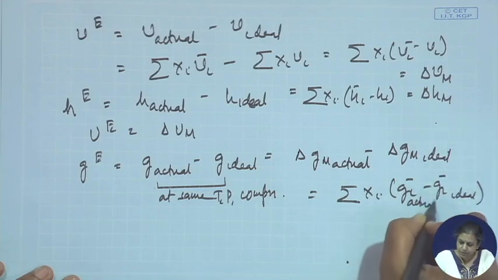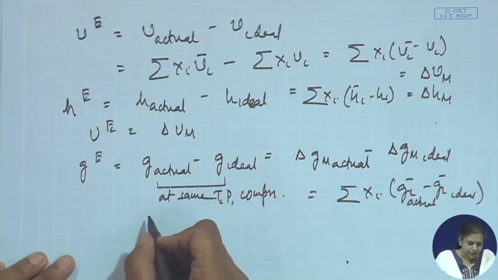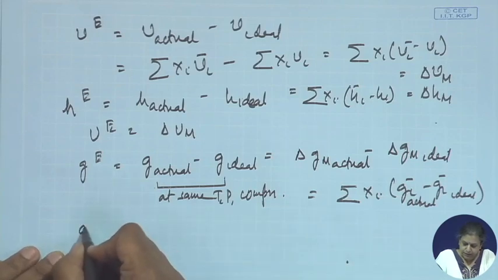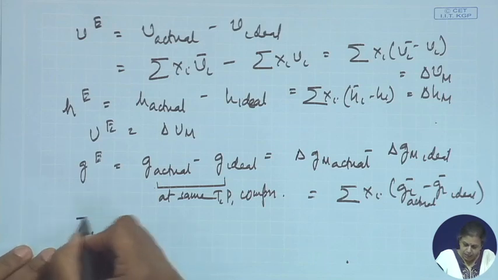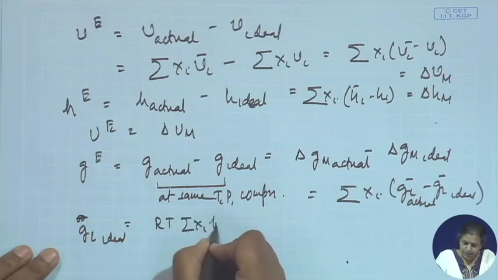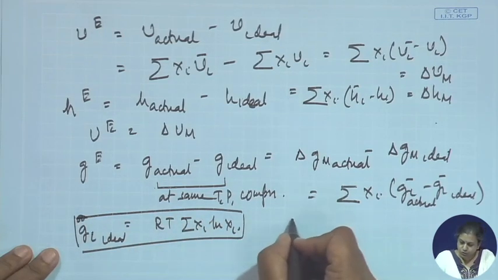This is actual. Now, if you recollect what was delta Gm ideal, so Gi for an ideal solution, what was this? Your Gi ideal, let us take it. It was RT sigma xi ln xi, that we had already derived. So, what should this become?